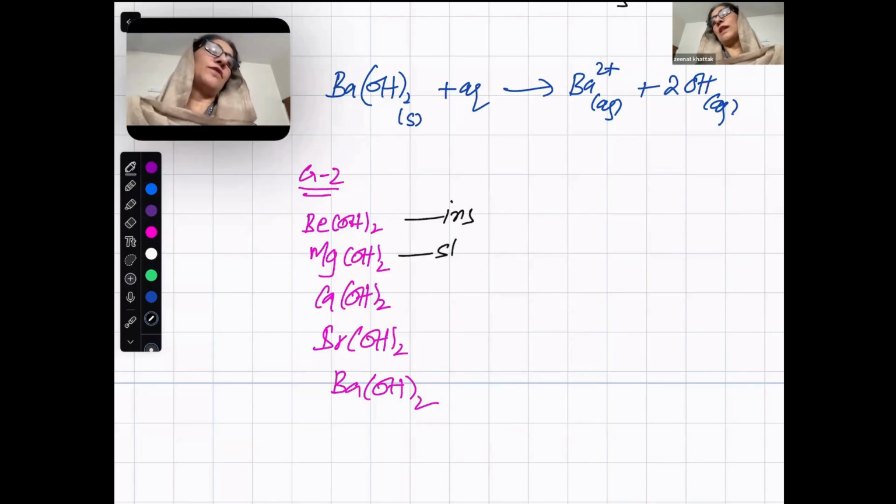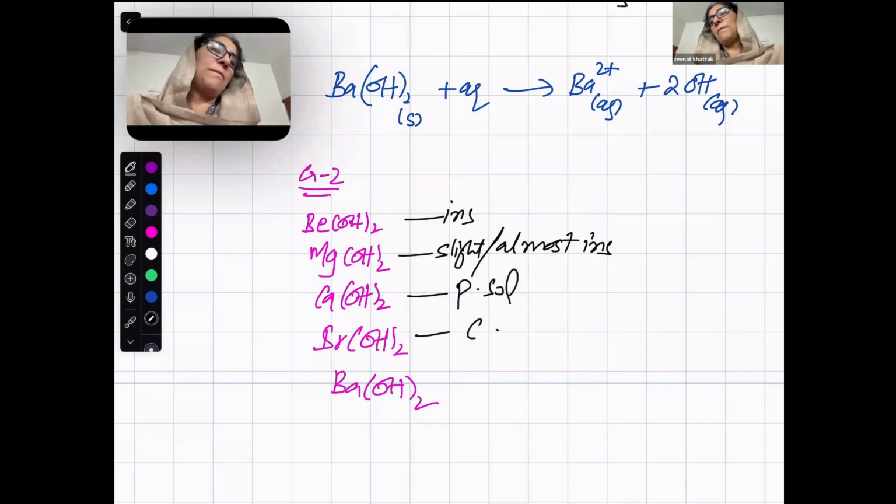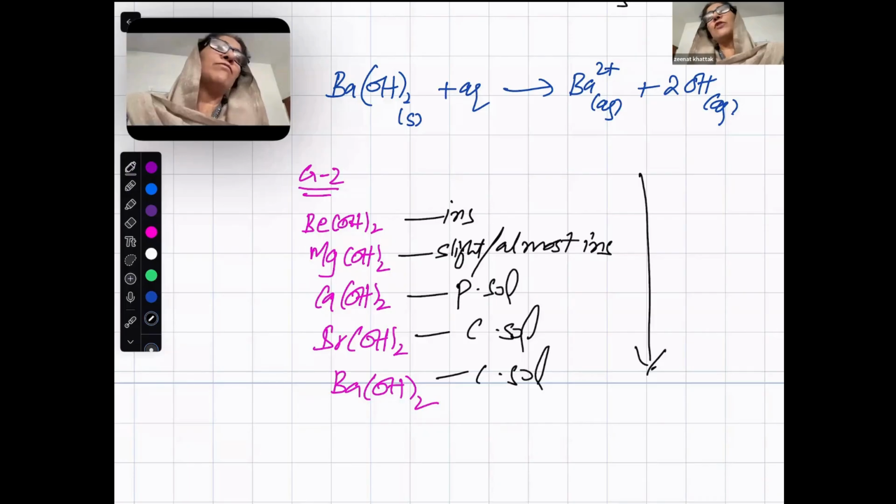Insoluble, slight or almost insoluble, partially soluble, complete soluble, they're becoming soluble. Why? Because the upper have positive delta H solution, the lower have negative delta H solution.